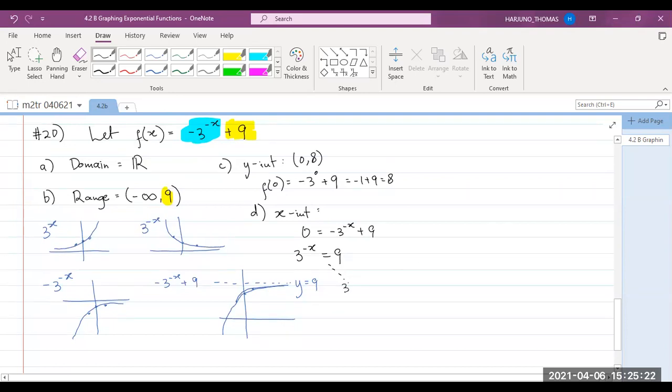This is 3 to the negative x equals 3 squared, so negative x equals 2, or x equals negative 2. So the x-intercept is (negative 2, 0). Now the horizontal asymptote, as we have said in the sketch earlier, is y equals 9.